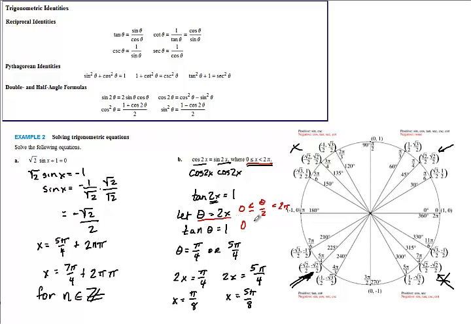Our theta values, because we changed this domain somewhat, I'm going to multiply everything through by a 2, can go from 0 to 4 pi. So I have to consider this extra where I was able to add in another round, if you will.